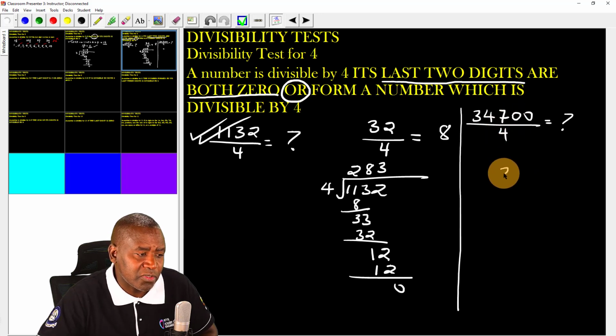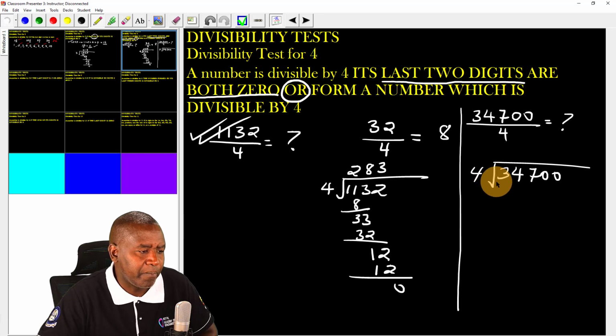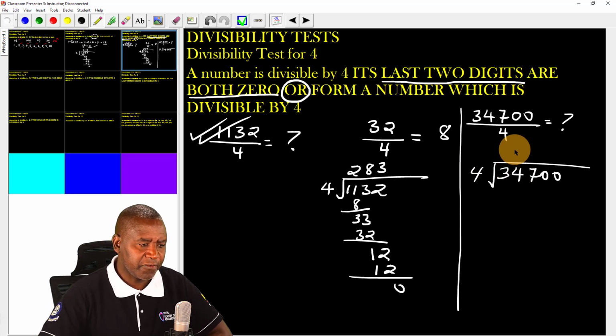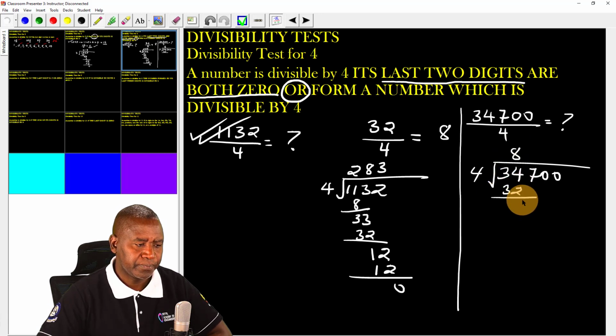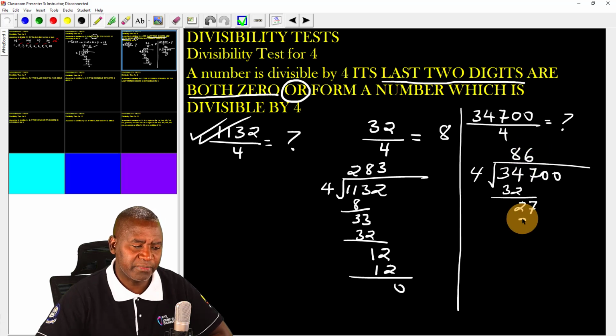Let's test it out. 34,700 divided by 4. 4 goes into 34 8 times because of 32. I subtract, I get 2, I drop 7. 4 goes into 27 6 times because of 24. Then I have 3.